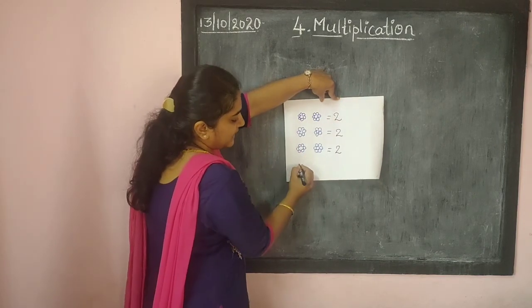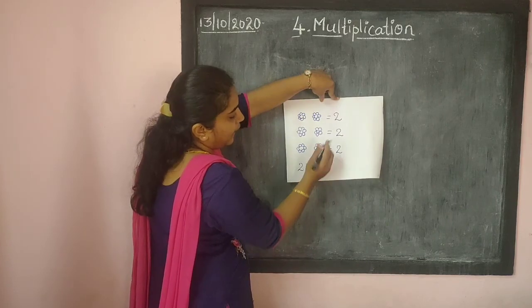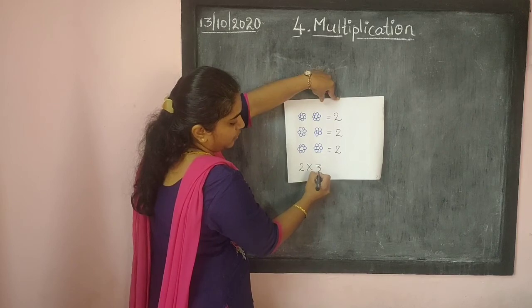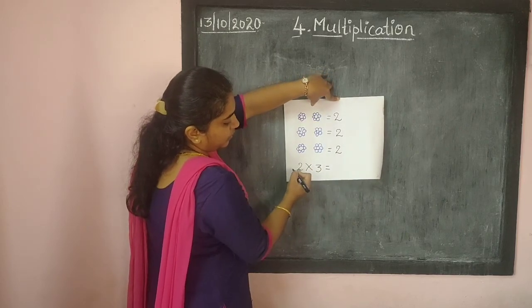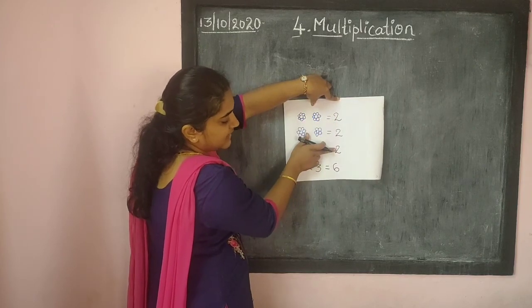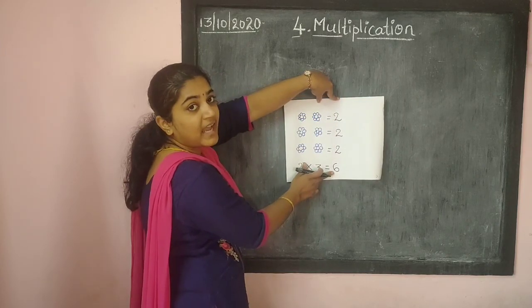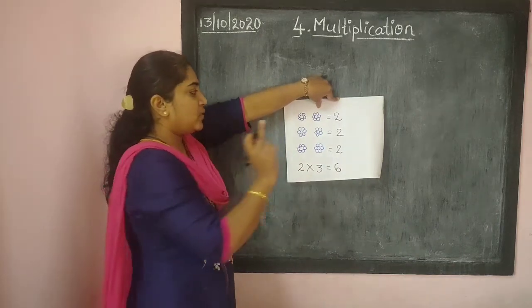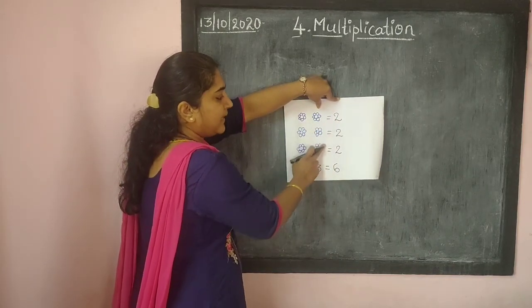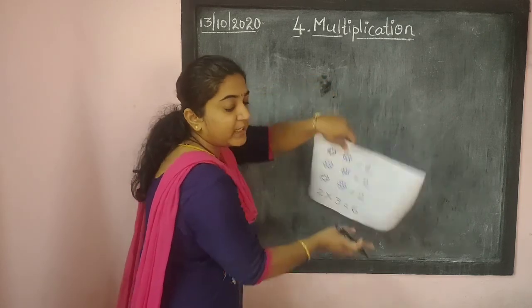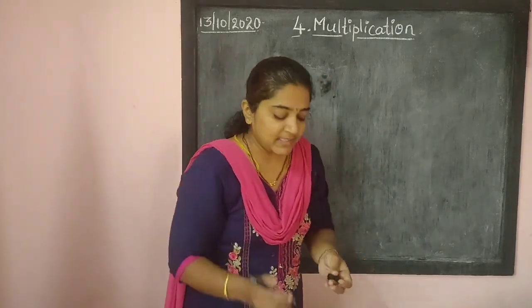See, 2 is repeating how many times? 1, 2 and 3. 2 into 3. 2 3s are 6. If you add this 3 times, then also you will get the answer as 6. But it is a long process. So the number, how many times it is repeating, you have to multiply. 2 into 3 is equal to 6. This you have already studied in the previous year.